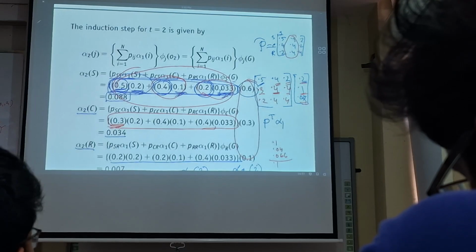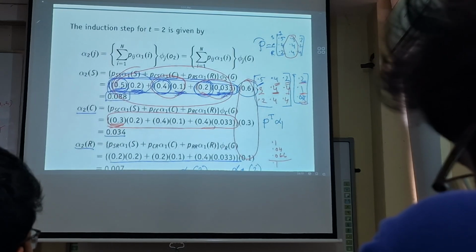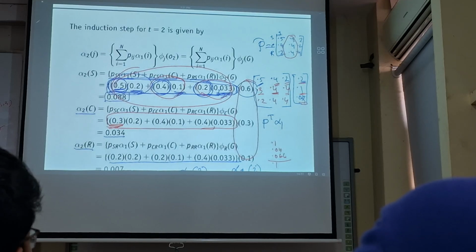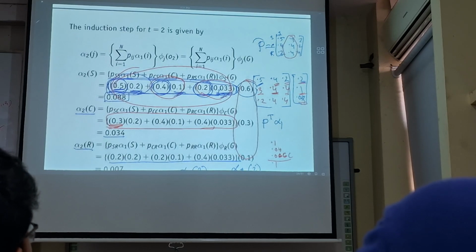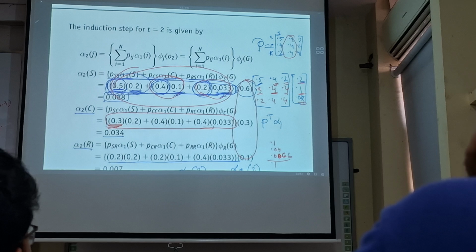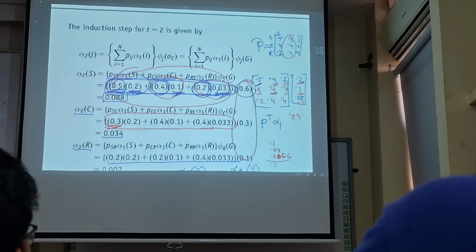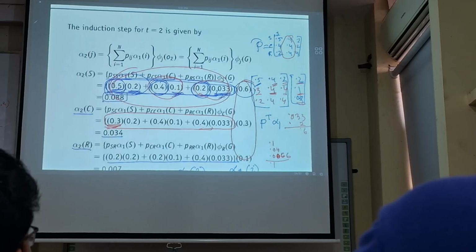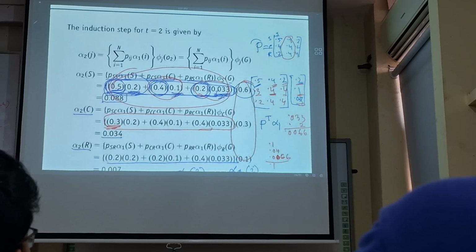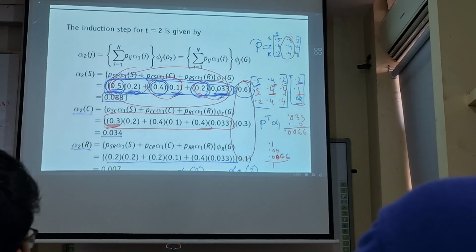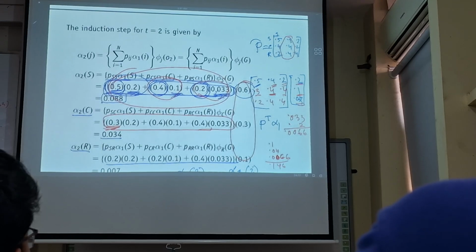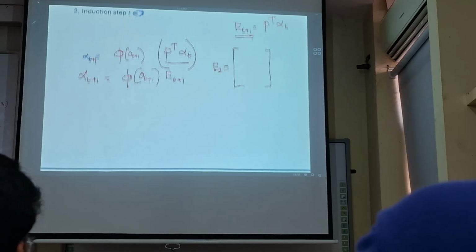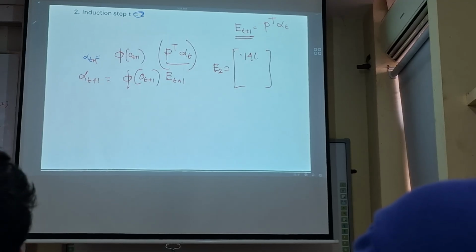But I think we missed something, right? 0.033 into 0.2 will be what? 0.0066. So it will be 0.1466.